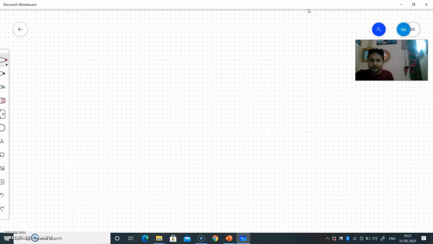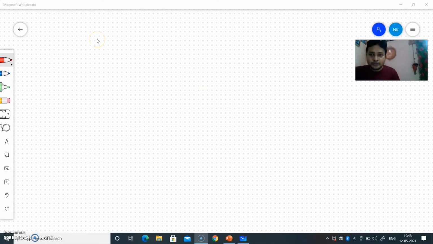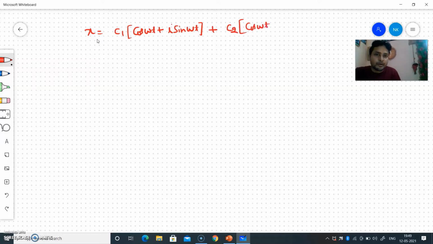Now, if you go to the next slide, x is equal to c1 times exponential i omega t. This will be cos omega t plus i sin omega t, plus c2 times cos omega t minus i sin omega t, which is also a solution of the differential equation.